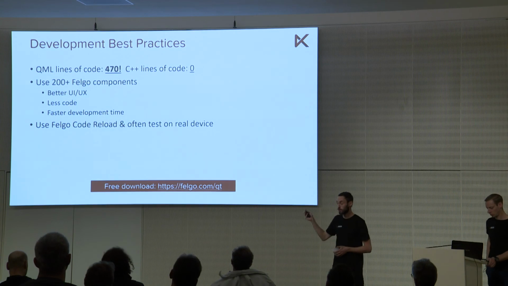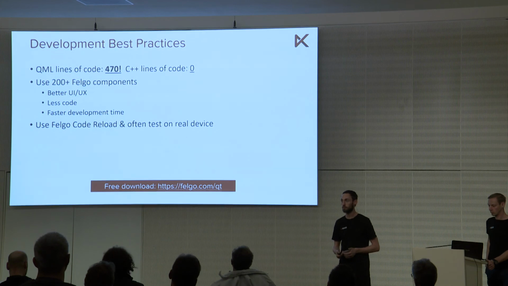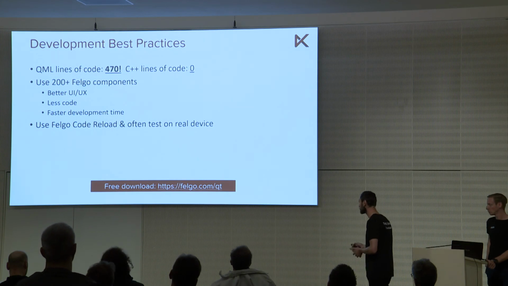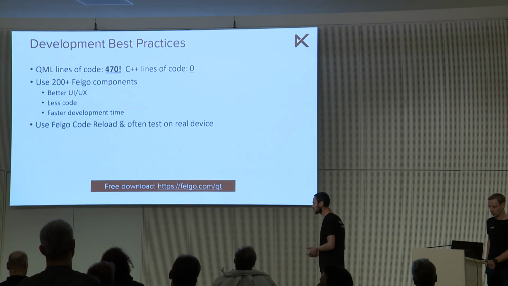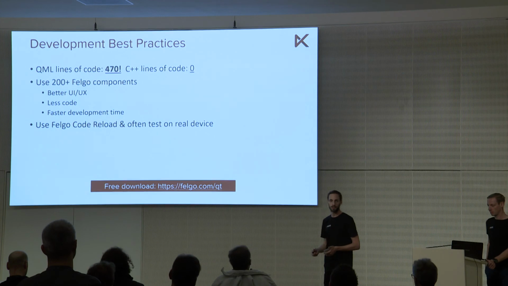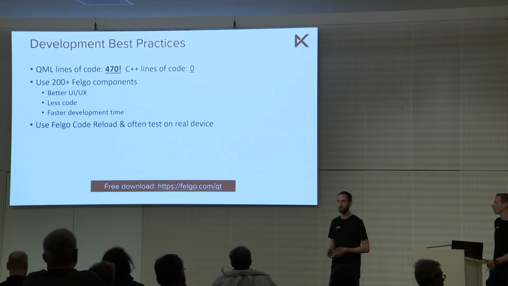Make sure to use the FELGO controls. They're really there for making the user experience of your Qt applications better and help you to develop faster. And the code reload is really useful for any QML projects that you're having. It does not require any FELGO component, and works with standalone Qt and QML projects as well.